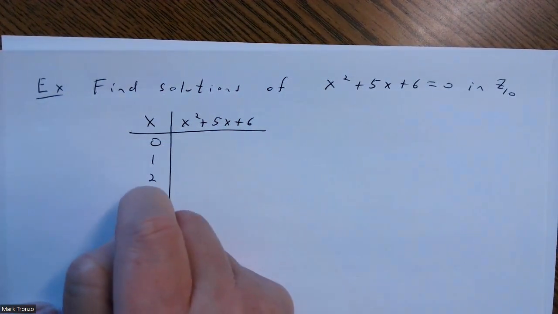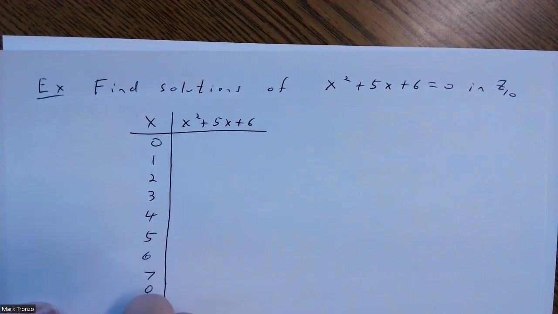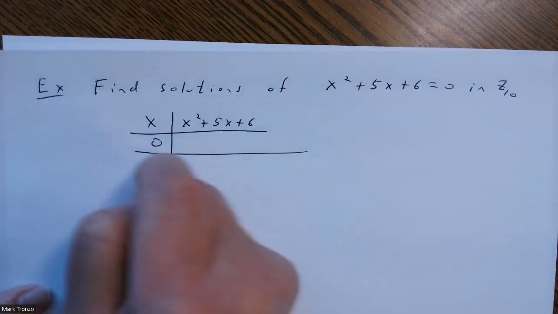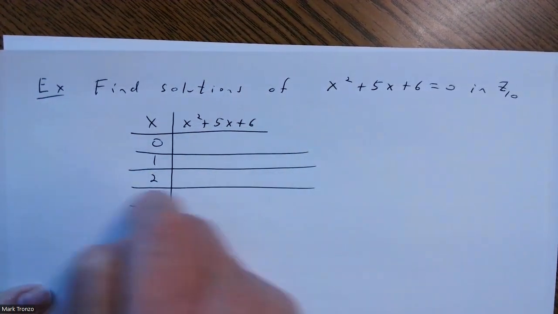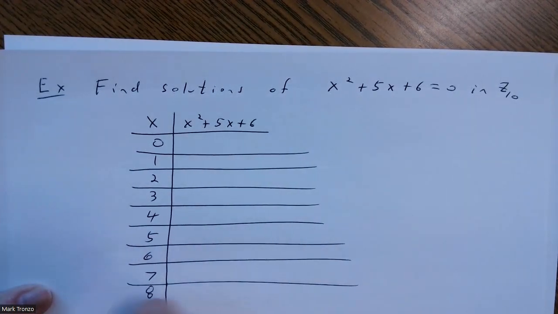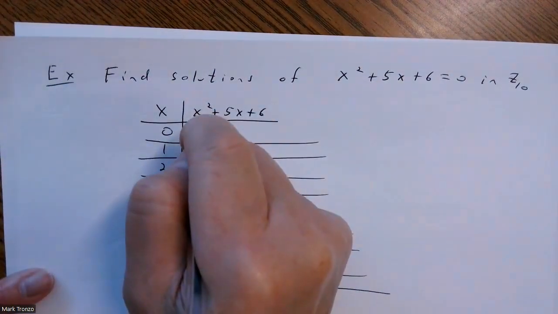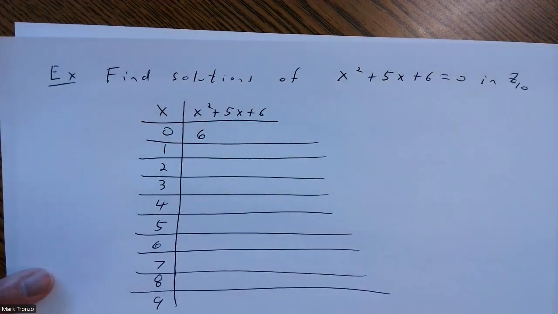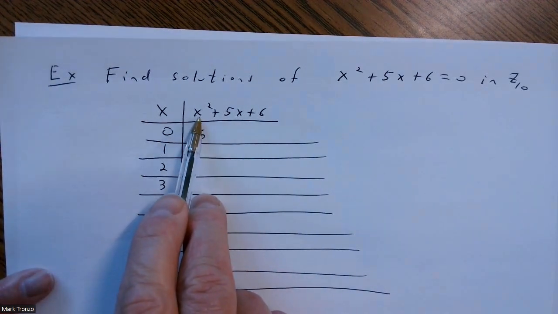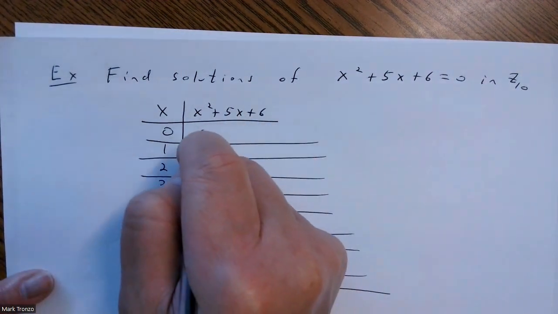0, 1, 2, 3, 4, 7, 8, 9. And so again, we put these values in. 0, of course, is going to be 6. If we put 1 in, that's going to be 6, looks like 12, if I'm doing that correctly.